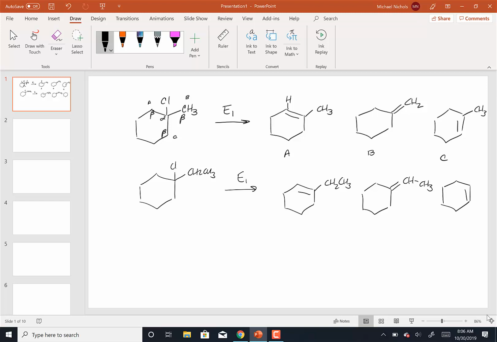And then I'd have a double bond down. So I would still have products A, B, and C. Products A and C are still the same. But of A and B, which one is the major product?